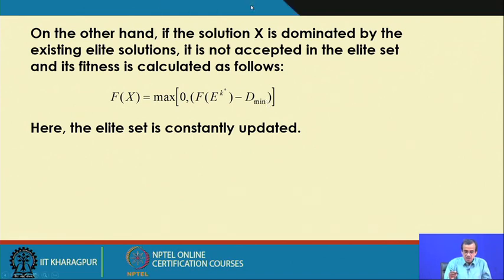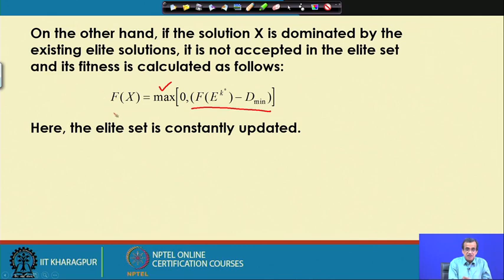So, we calculate this and compare and find the maximum between these two, and that will be the fitness assigned to capital X if it is not selected in the elite set.